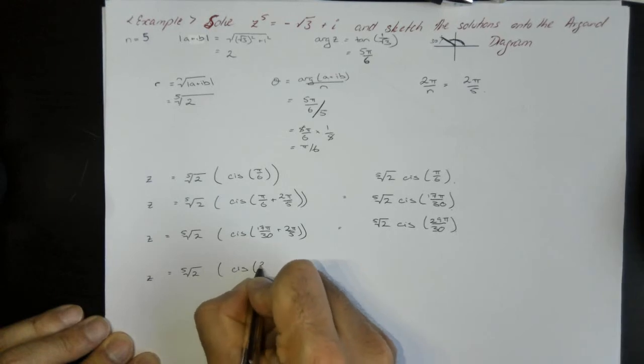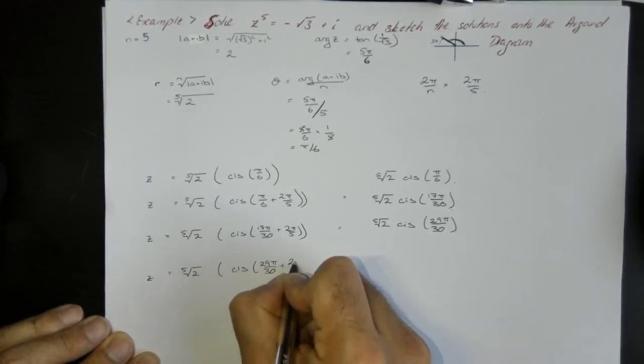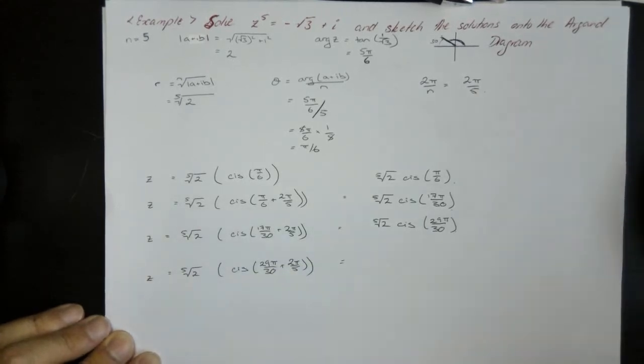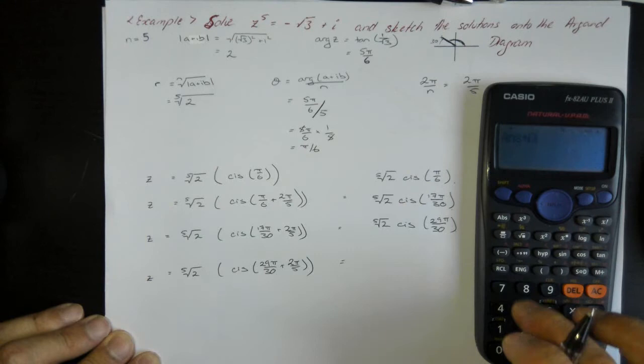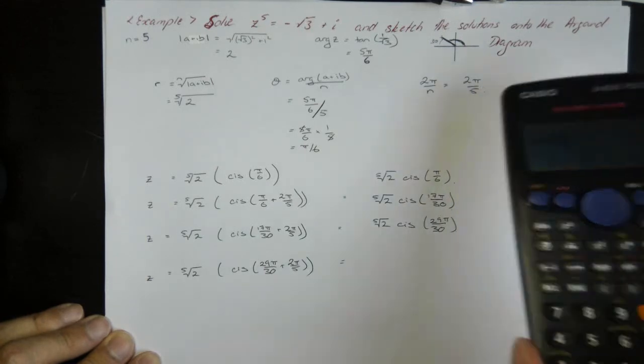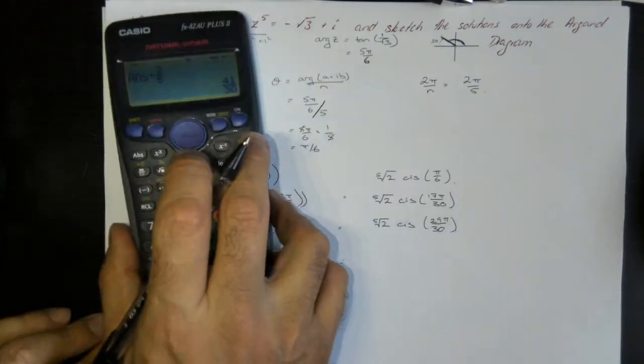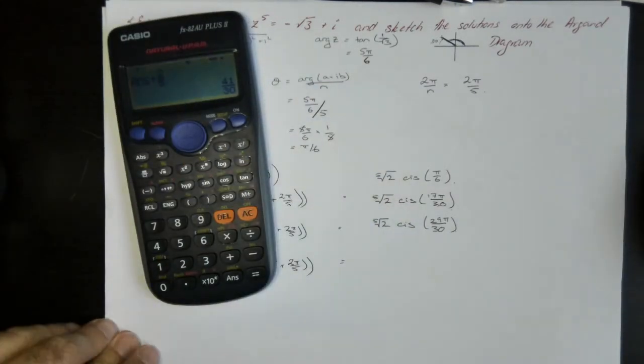So the next one is going to be 29 pi on 30 plus 2 pi on 5. So I get 41 on 30. So 41's bigger, so it's gone over.